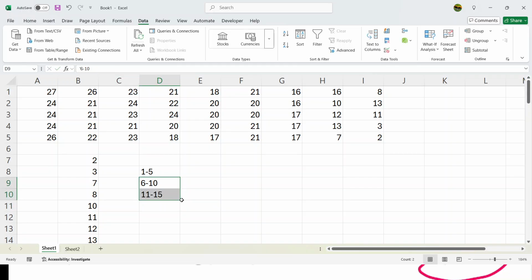I don't know if Excel will recognize this. If I drag, yes, it can recognize.